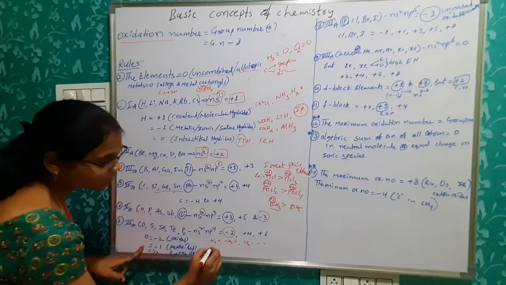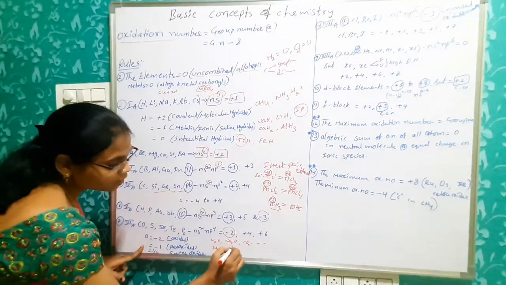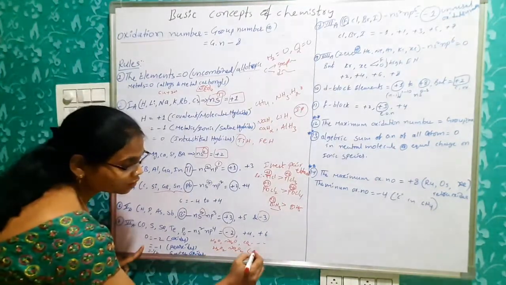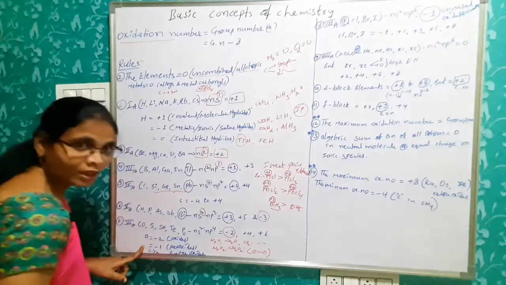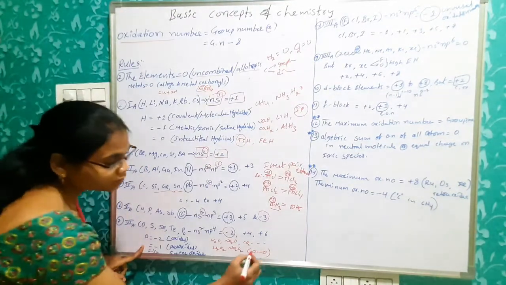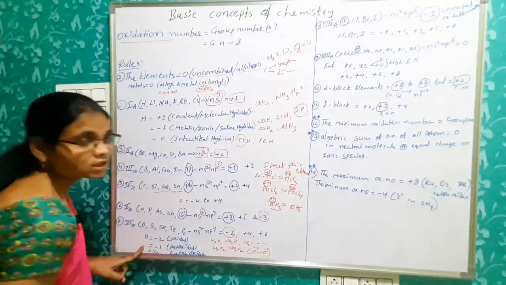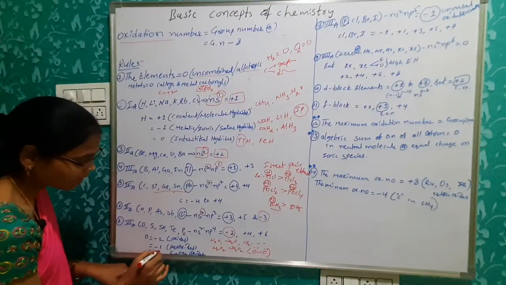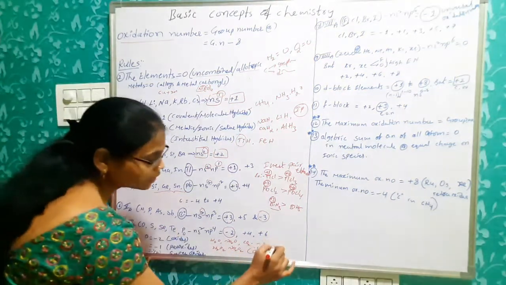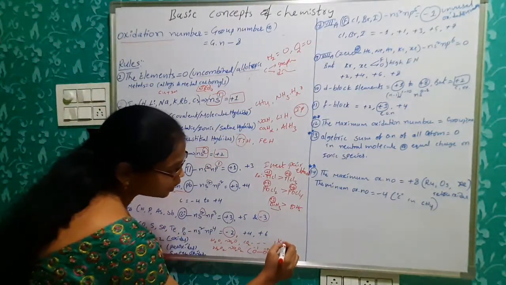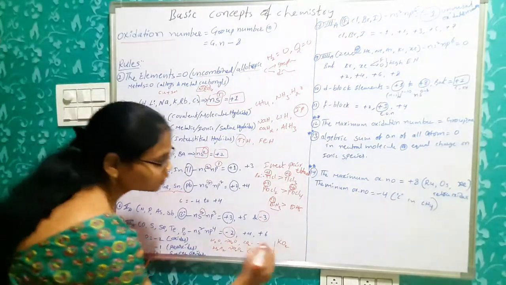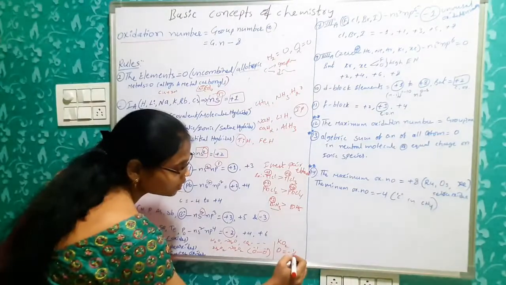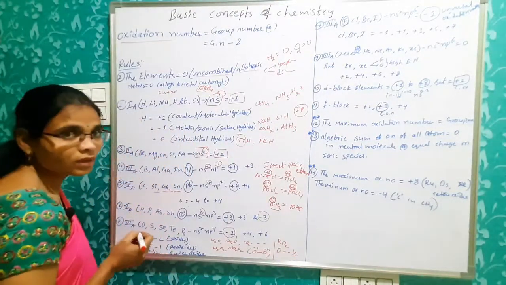But in peroxides, H2O2 and Na2O2, an oxygen-oxygen bond is present, so each oxygen shows -1 oxidation number. In superoxides it shows a fractional oxidation number of minus half. For example, in KO2, a superoxide, oxygen shows -1/2 oxidation number.